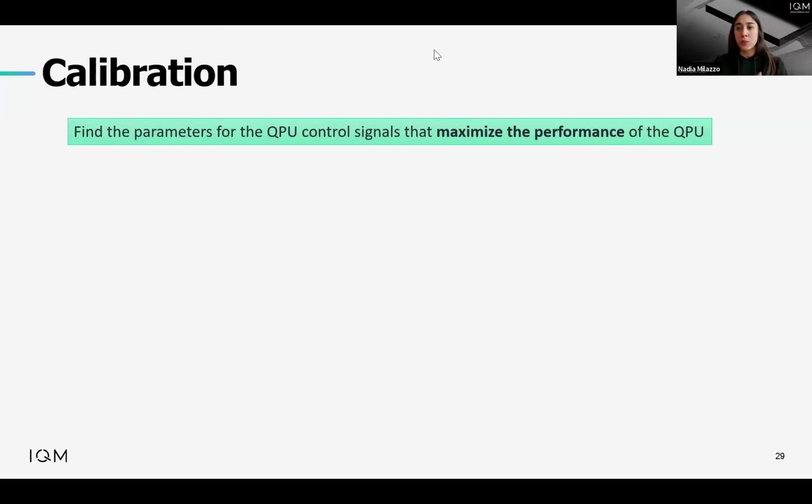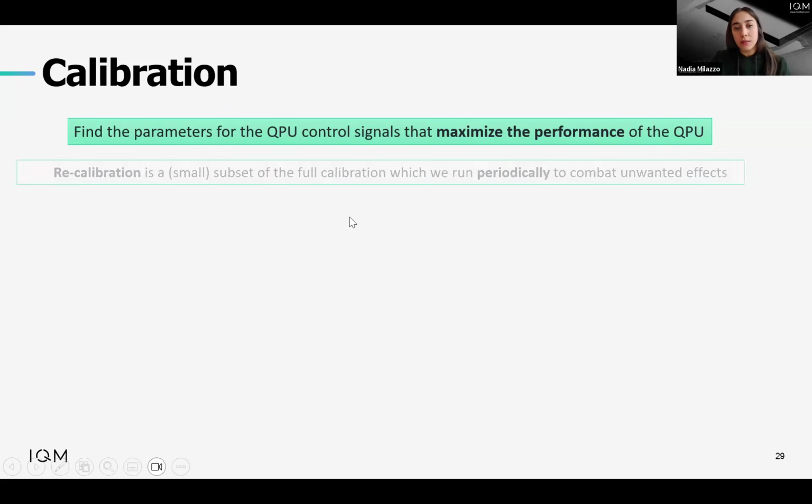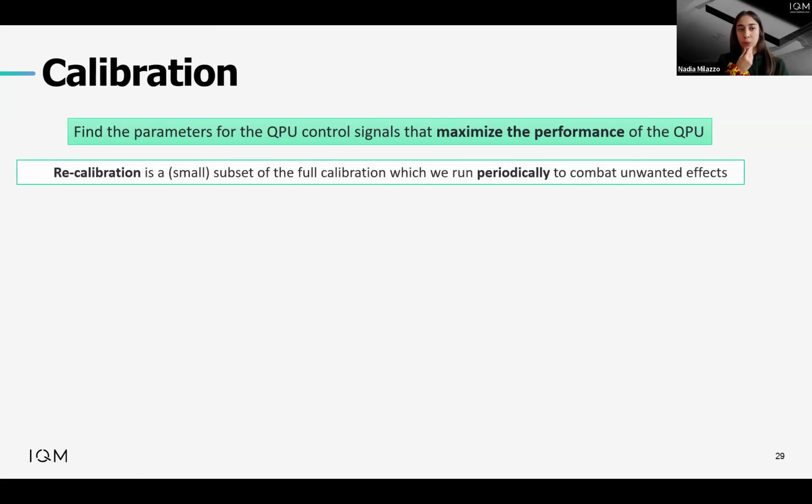Calibration is really the process where you have no idea what the right parameters are and you start from scratch. But what is actually done every day for quantum computers is recalibration. That is a small subset of the full calibration of a QPU that is done at the very beginning, and it runs periodically to avoid some errors that could arise at different times.